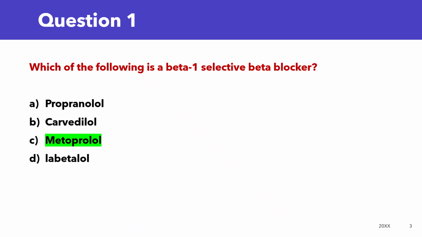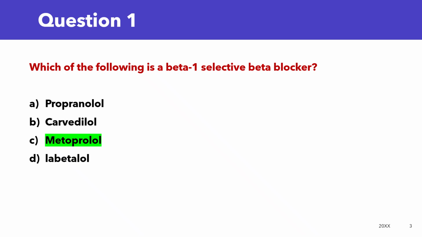Now, when we talk of non-selective beta blockers, there's multiple different ones. So propranolol, for example, blocks beta 1 but also beta 2 receptors. So beta 2 receptors, for example, are also found in the lungs. And carvedilol, for example, blocks beta 1, beta 2, but also alpha 1.